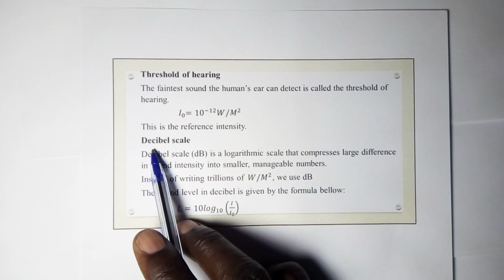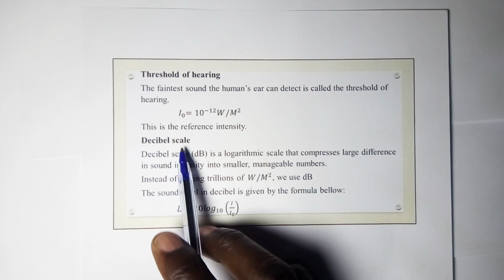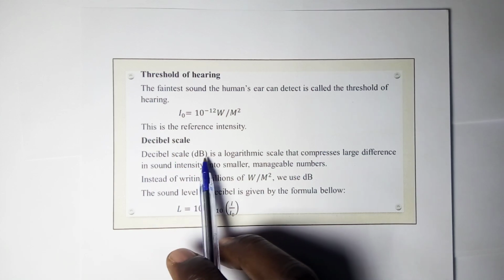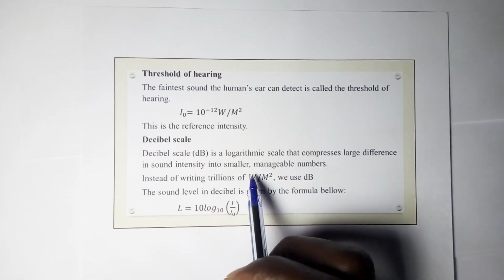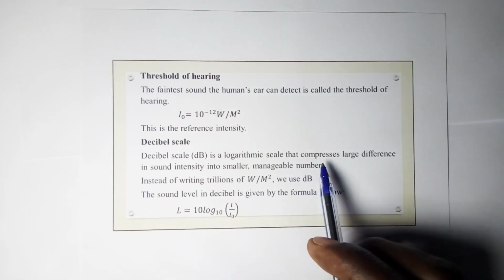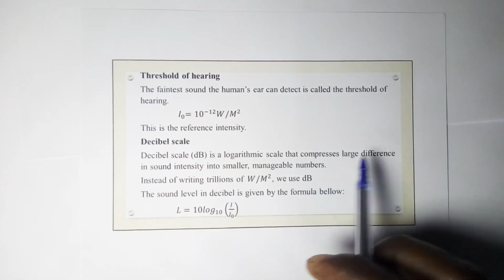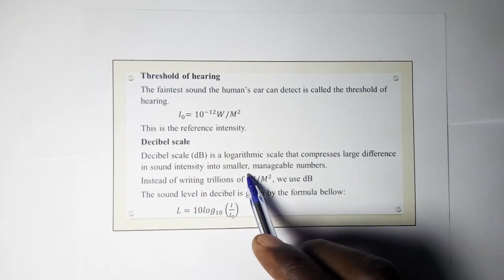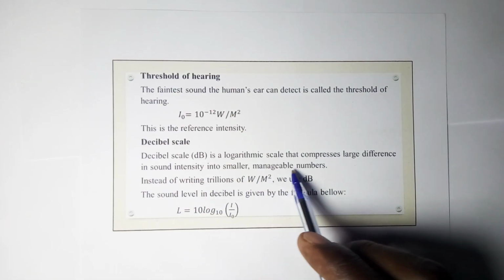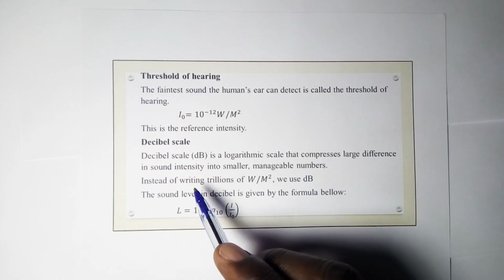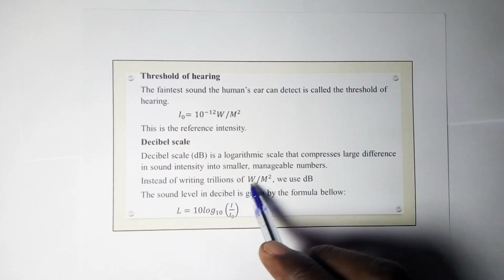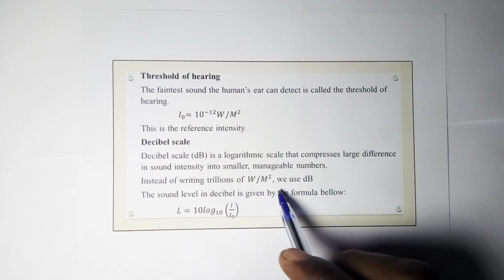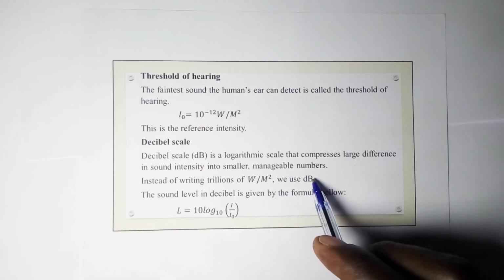Now the decibel scale is a logarithmic scale that compresses large differences in sound intensity into smaller manageable numbers. Instead of writing trillions of watts per meter squared, we use decibels.